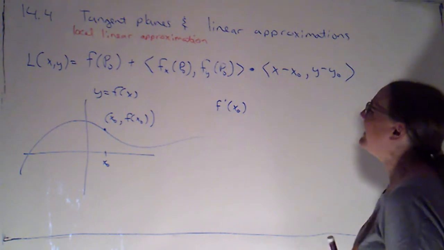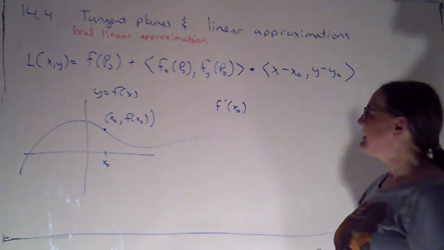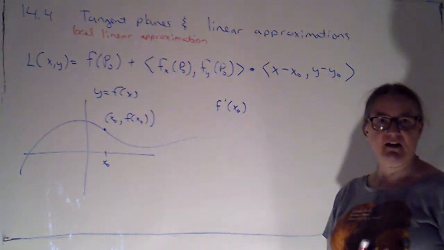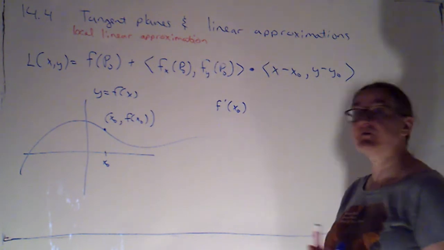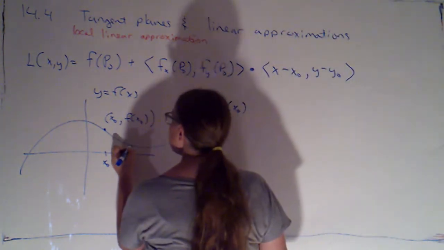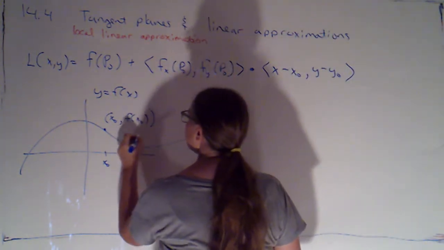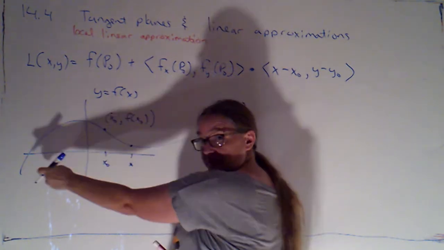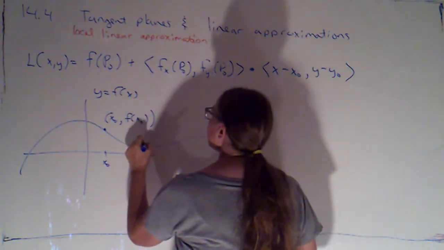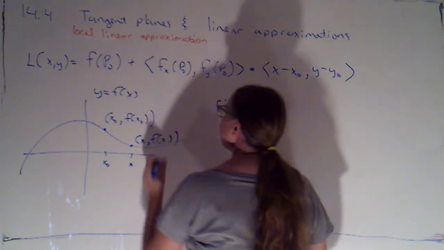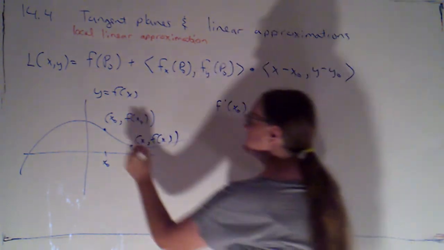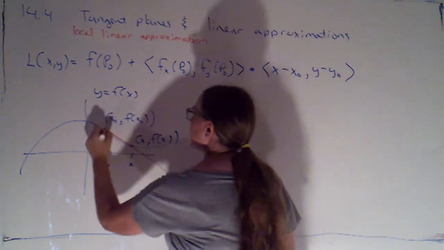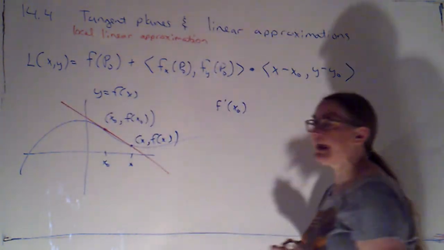All right, the way I would calculate that, since this is going to be the slope of my tangent line, of course I just take the limit of the slope of the secant lines. So I would choose a nearby point, x, and of course x could be on either side of x naught. So then we'd have x, f of x is my nearby point, and I can create that secant line.